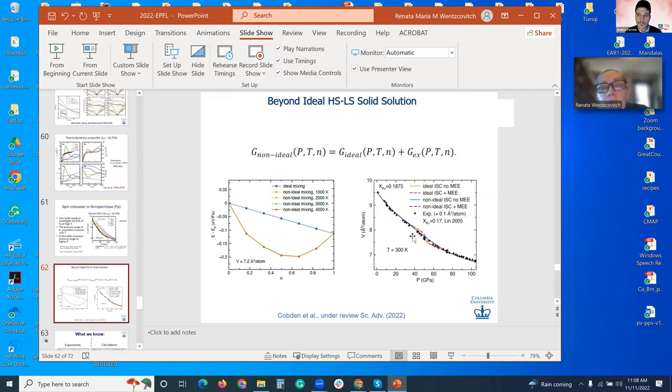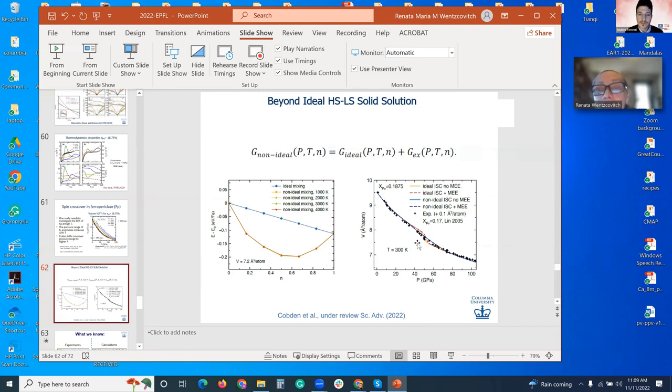But look how the compression curve changes when you include the interaction between irons. The red dashed line is the ideal solid solution, okay? With magnetic entropy and no magnetic entropy, because that's our uncertainty. I don't know exactly how to do that calculation yet.